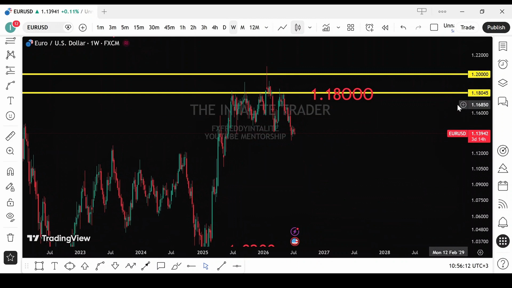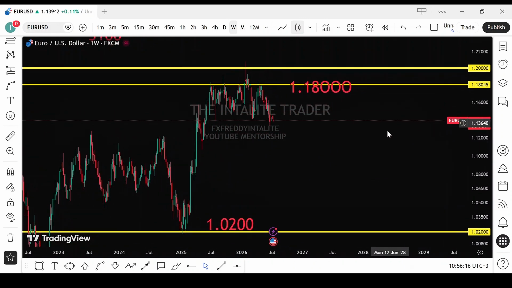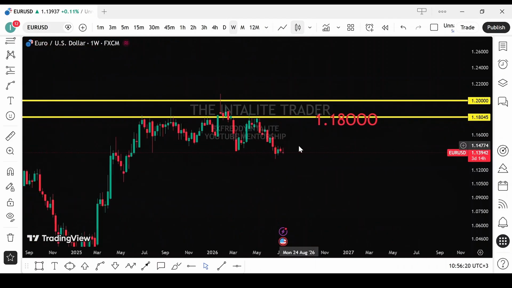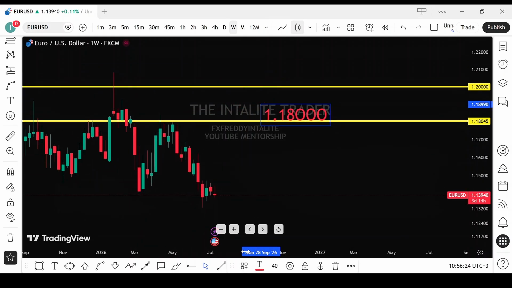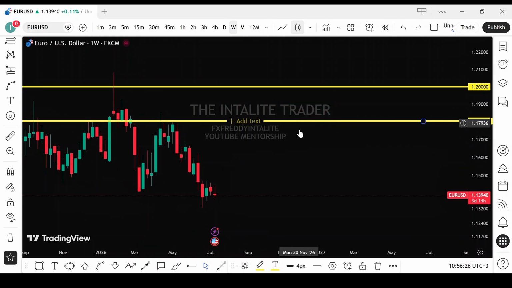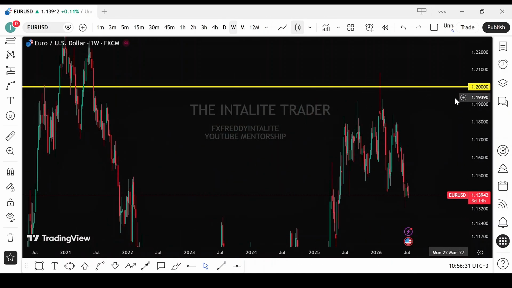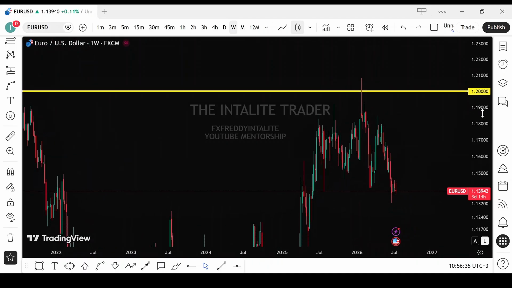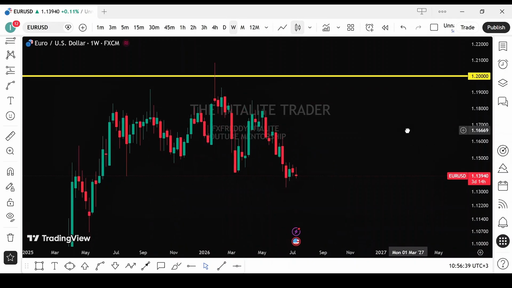So this is what you can see, that from here price came to a round psychological level, and you see what happened. This one, are you seeing 1.200 round psychological level? So these are psychological levels, and the market does respect them here.